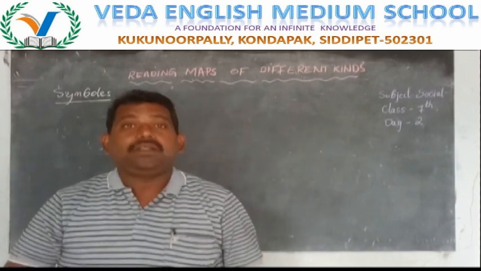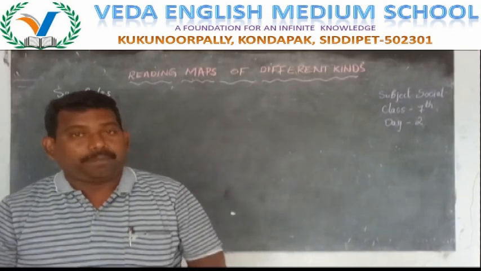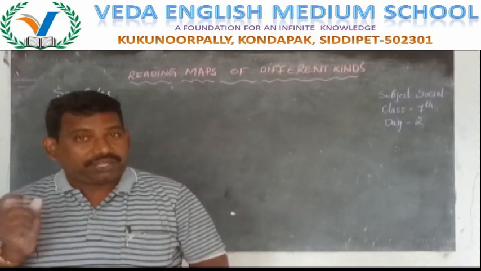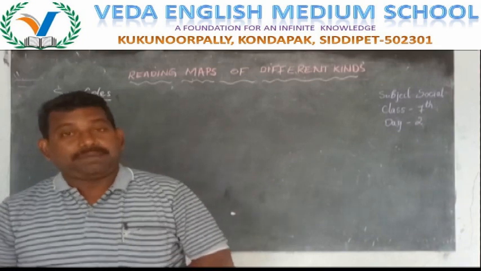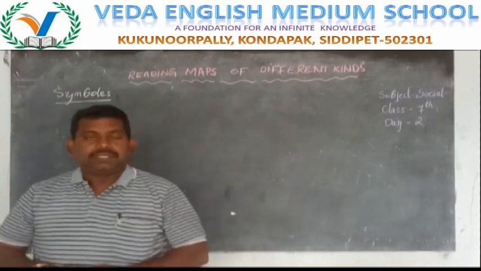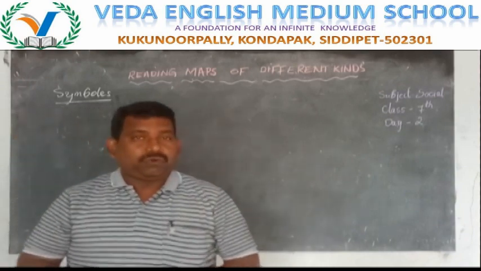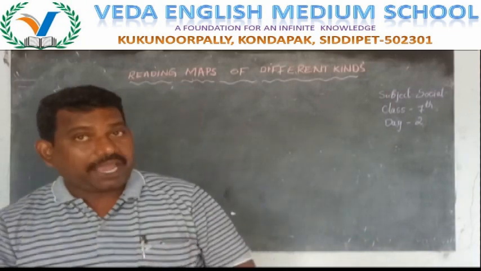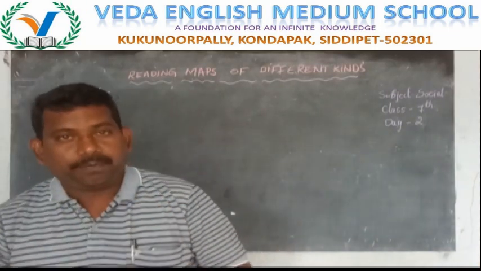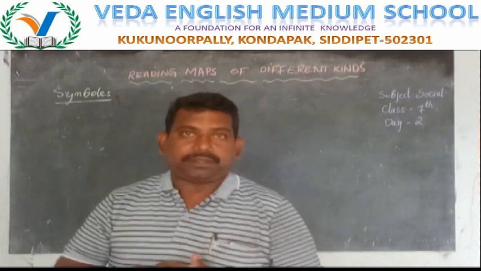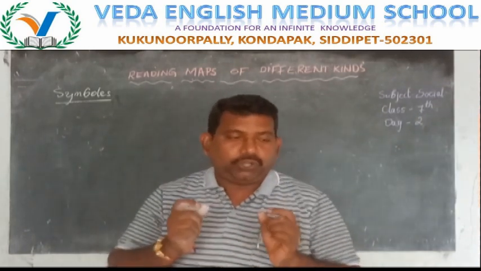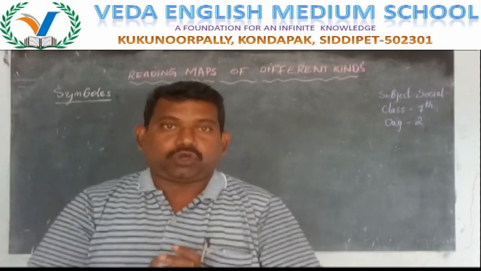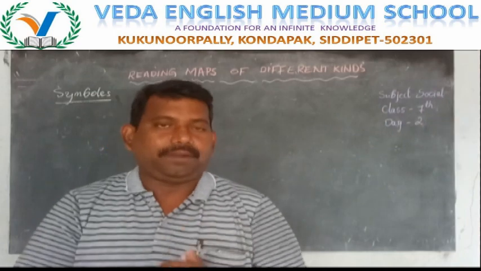What is a symbol? Why do we use symbols on a map? If we don't use the symbols on the map, what happens? What is the necessity to use symbols on the map? So, dear children, what is a symbol? A sign or a shape or an object which is used to represent something else on the map is called a symbol.